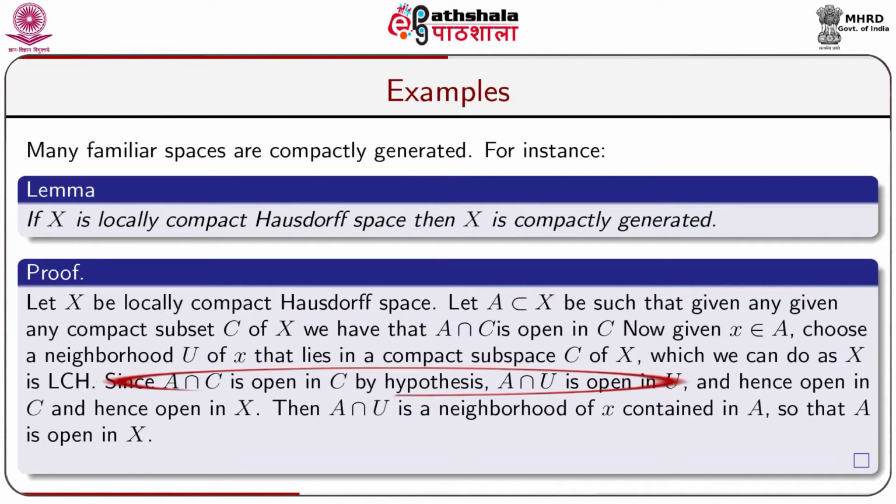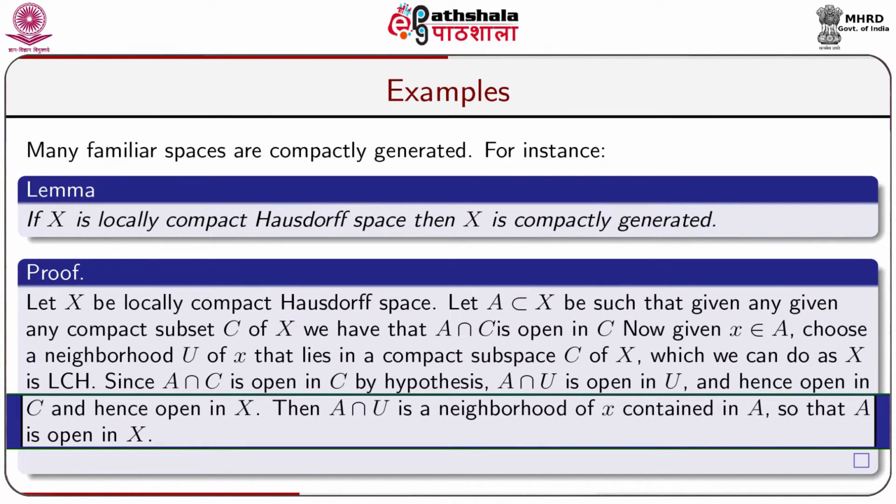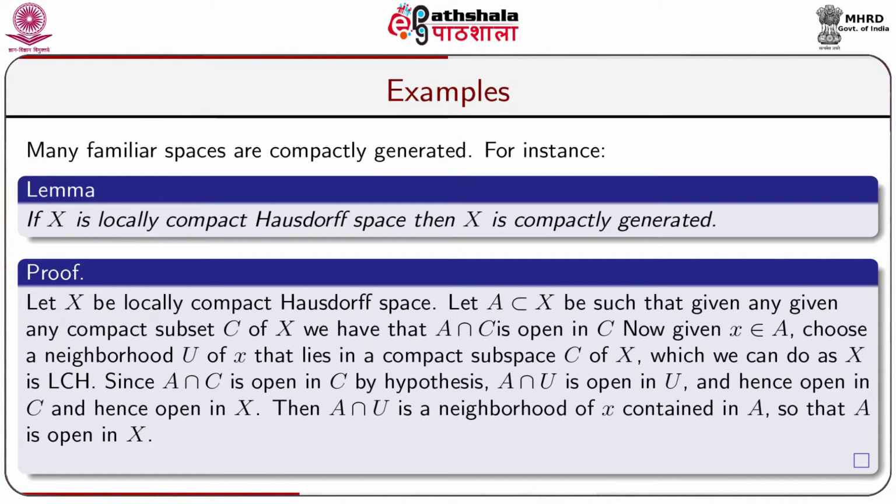Now, since A intersection C is open in C, by the locally compact hypothesis, A intersection U is also open in U and hence open in C, and therefore it is open in X. Thus, A intersection U is a neighborhood of x contained in A, so that A is open in X. Thus, locally compact Hausdorff spaces are compactly generated.